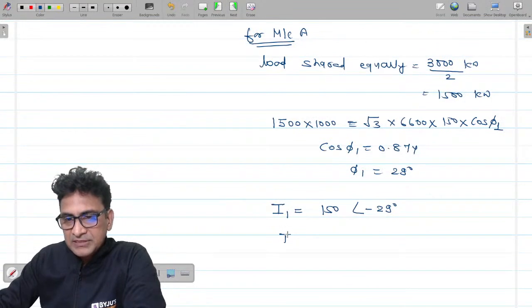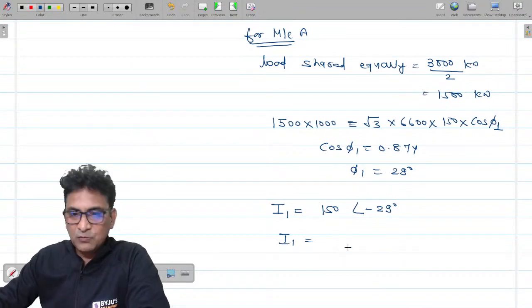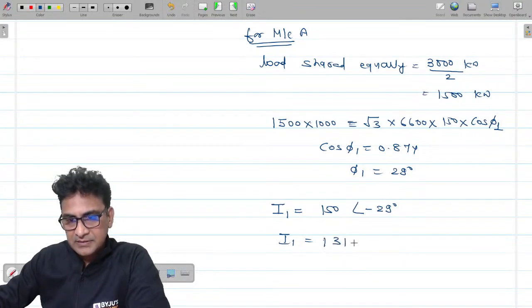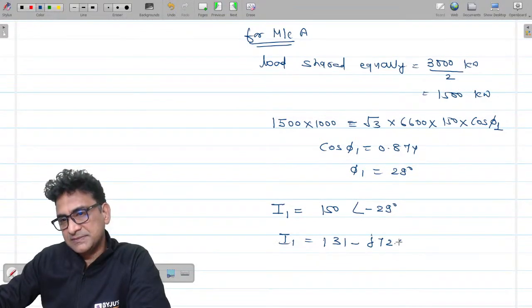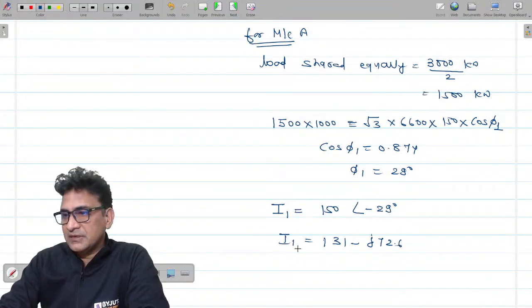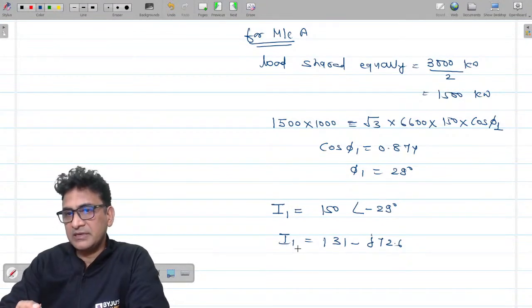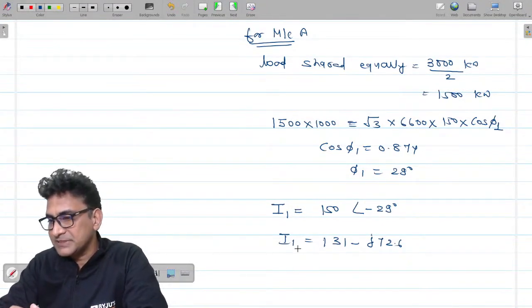So if you calculate this value of I1, you will get 131 minus j 72.6. Is it clear? So what we got is the current supplied by machine A, and the total current supplied by machine A plus machine B.